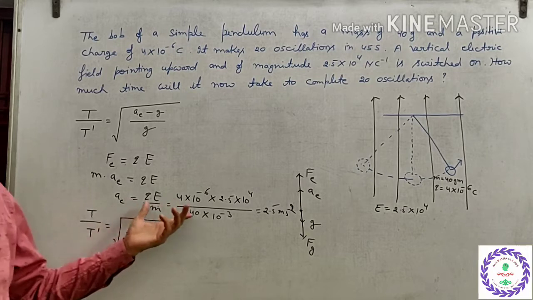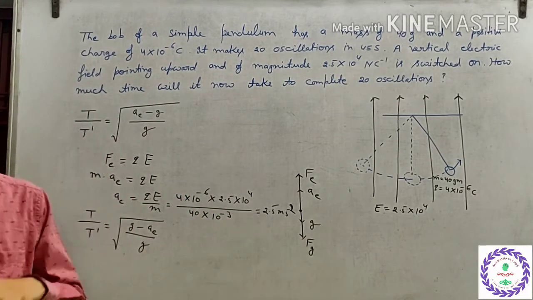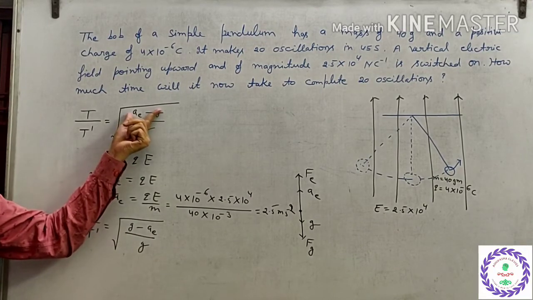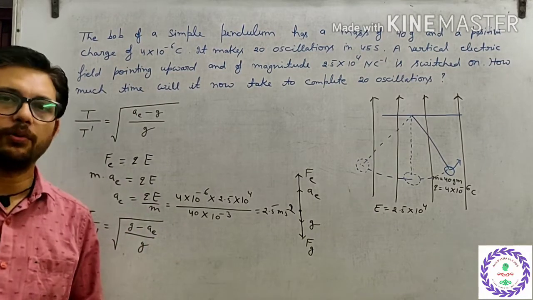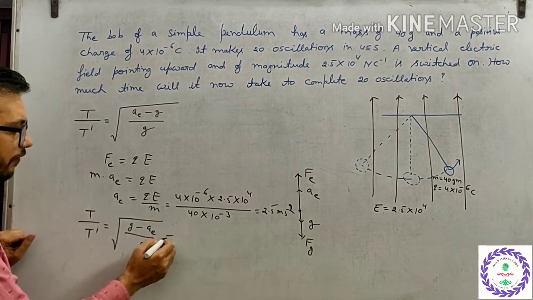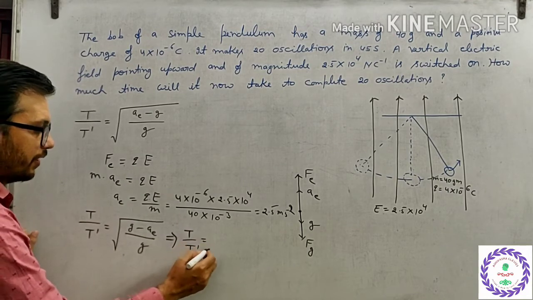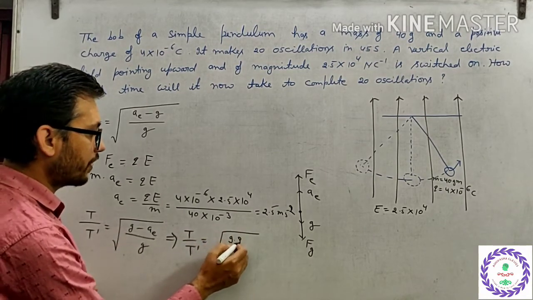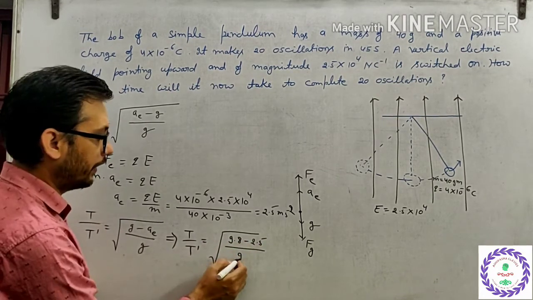So here by calculation we see that a is 2.5 and g is 9.8. So 9.8 is greater than 2.5. That's why we have converted a minus g into g minus a to make the acceleration positive. Now place the values. We get T upon T dash equals under root 9.8 minus 2.5 divided by 9.8.